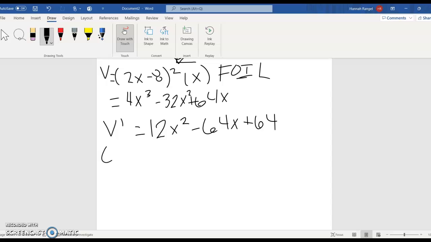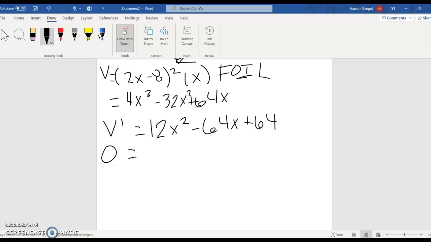So then we set it equal to 0 and we solve for zeros. Zeros of the derivative correspond to critical numbers, which might be locations of the local maxima or minima. So we were trying to find the maxima.